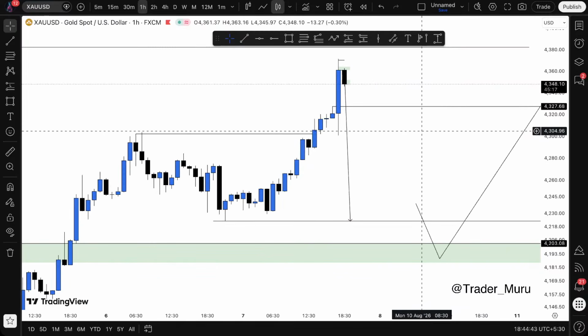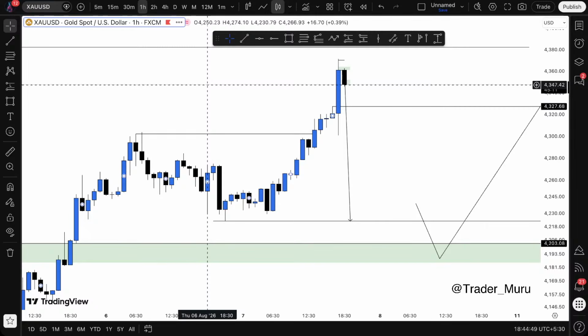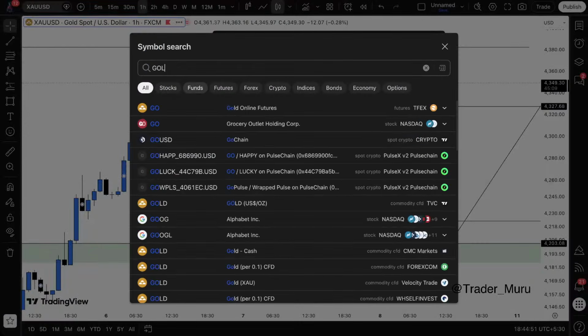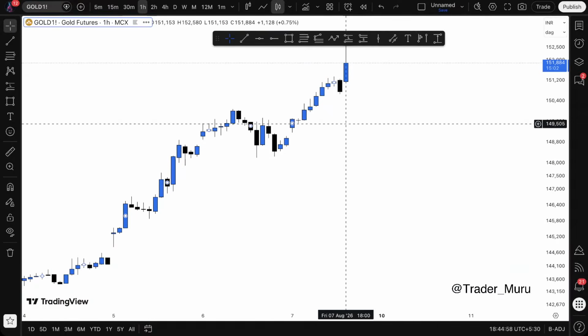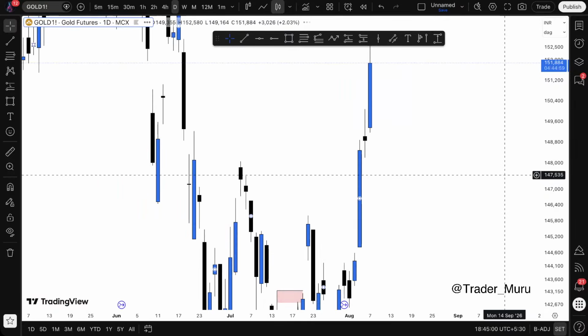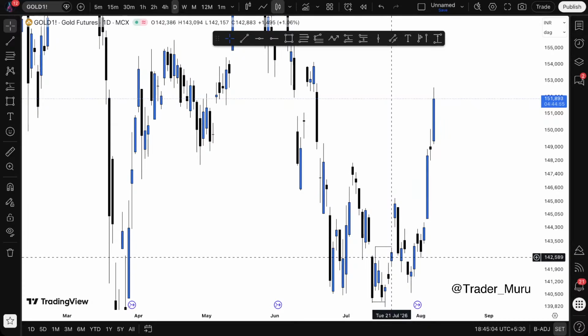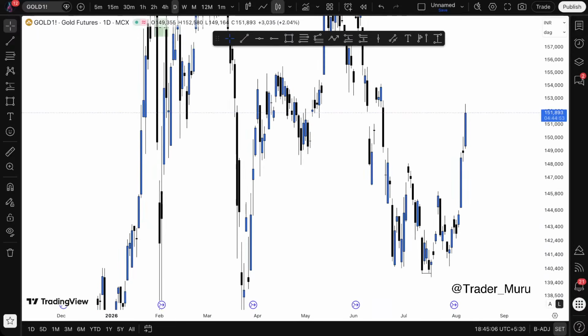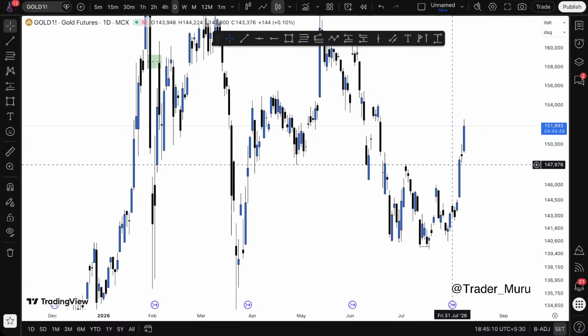Sir, can you check MCX gold and silver, whether price will short and what could be the stop loss and TP? Price will be same, brother. We were expecting short from here, but price just broke out.